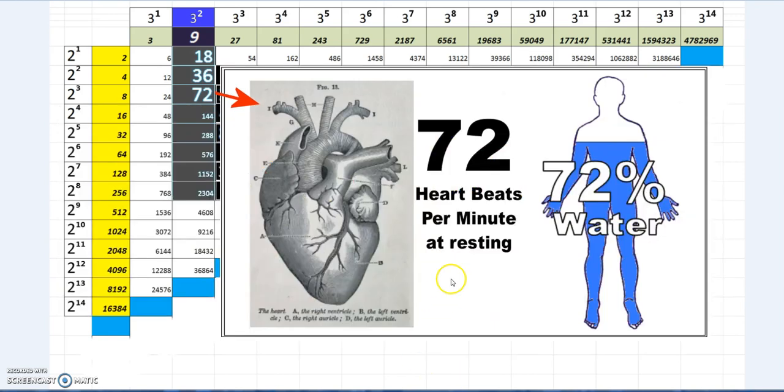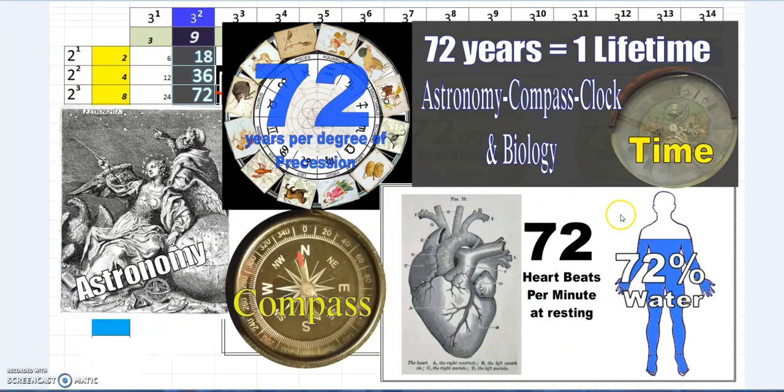Now that's cool because in biology, 72% of the human body is water, and at rest the heart beats 72 beats per minute. That's 60 seconds per minute times 5 over 6, so 72 is a nice reference there. But there are some biological connections as well, which is nice because 72 years is one lifetime, essentially.